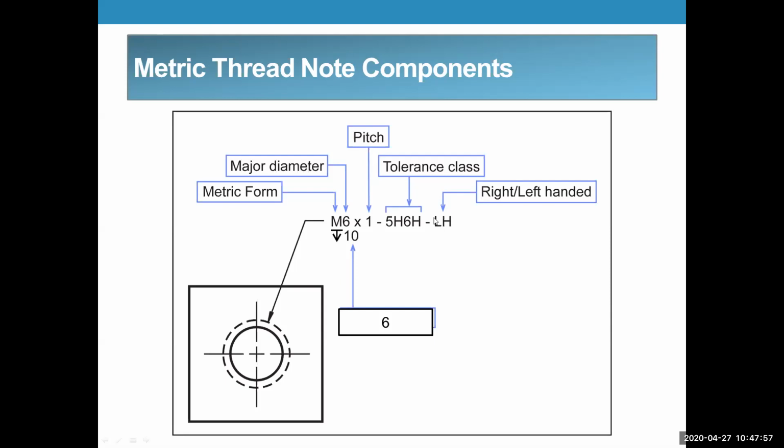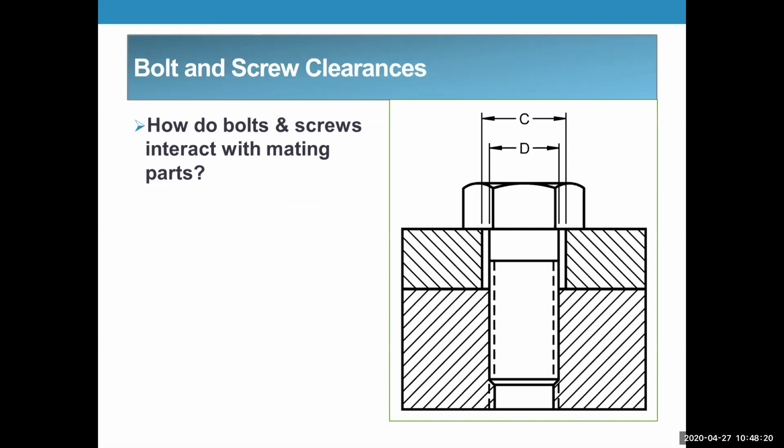But in order to keep from sticking my foot in my mouth, let me just say if it's something other than the default tolerance class, then you have to list it. If it isn't, then you don't. So your call out could be just M6 by 1. And then again, the depth if it's not a through hole. If it is a through hole, you can eliminate the depth.